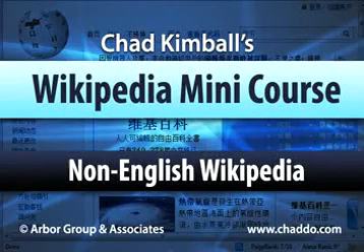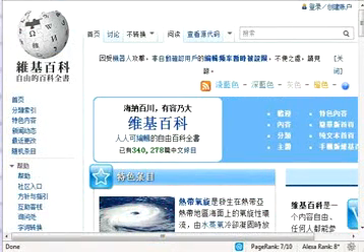This is another great trick for getting links from Wikipedia, and that is go to the foreign language version, especially obscure languages.